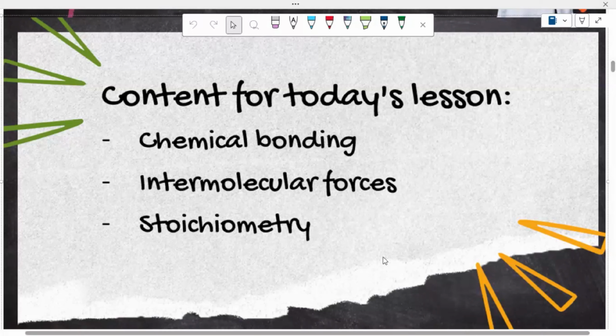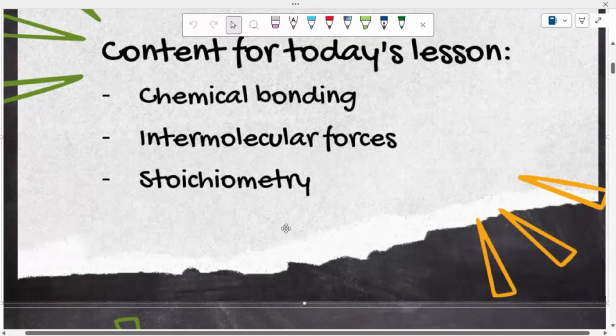And then just a little bit of stoichiometry, which would have been from last year. To my understanding, only chemical bonding and intermolecular forces have been done at a grade 11 level, where stoichiometry is just going to be a little bit of revision from grade 10. So yeah, okay, let's jump right in.